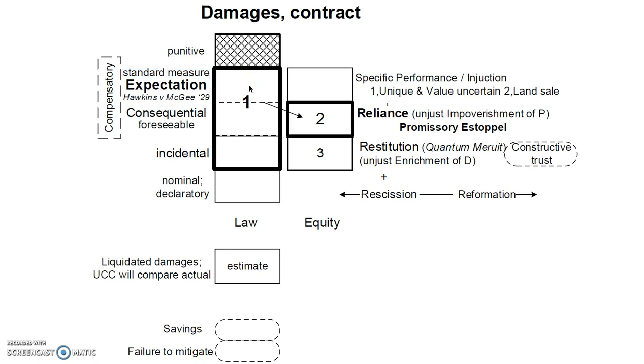The second type of damages are consequential damages. The principal characteristic here is that these consequential damages need to have been foreseeable by the party breaching the contract, and they are a second category different from expectation damages, and hence the dashed line here shows a differentiation between expectation damages and consequential damages.